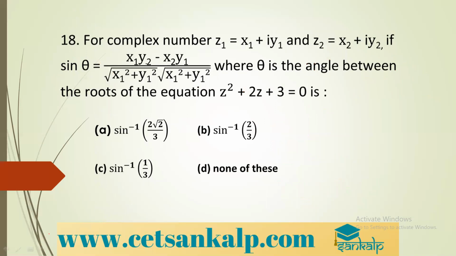We can go to question number 80. For complex numbers Z1 equal to X1 plus i Y1, Z2 equal to X2 plus i Y2, sine theta is given as X1 Y2 minus X2 Y1 by square root of X1 square plus Y1 square into square root of X2 square plus Y2 square, where theta is the angle between the roots of the equation.